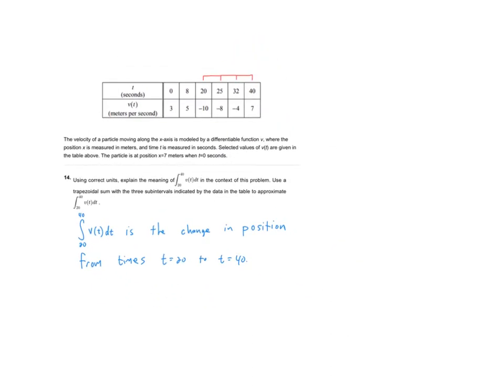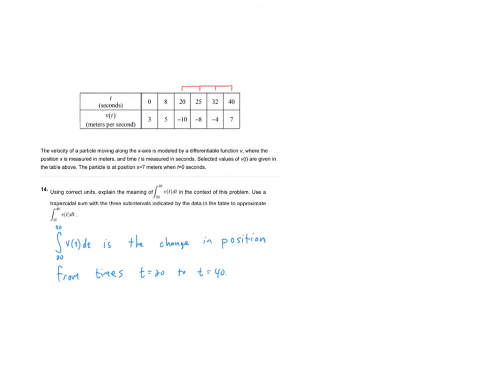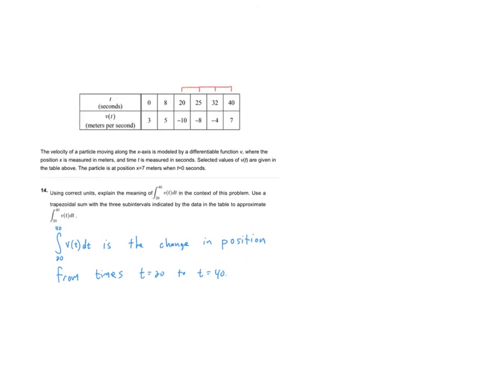Alright, so I'm going to do it off to the side here. The area of a trapezoid is 1/2 b1 plus b2 times height.